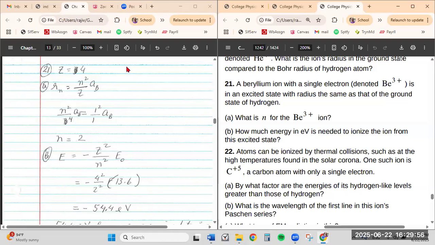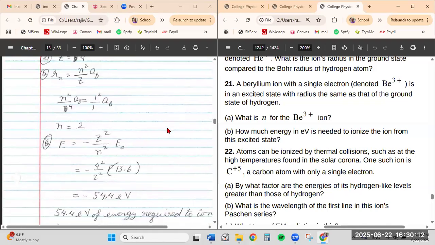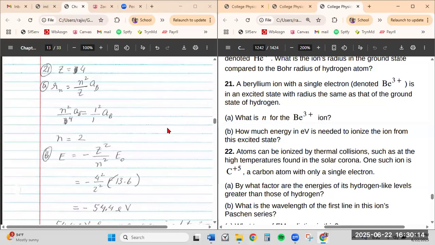So you set this expression equal to aB. And then aB cancels out on both sides, leaving you with n squared equals 4, or n equals 2. So that means this beryllium ion is in the first excited state, n equals 2.